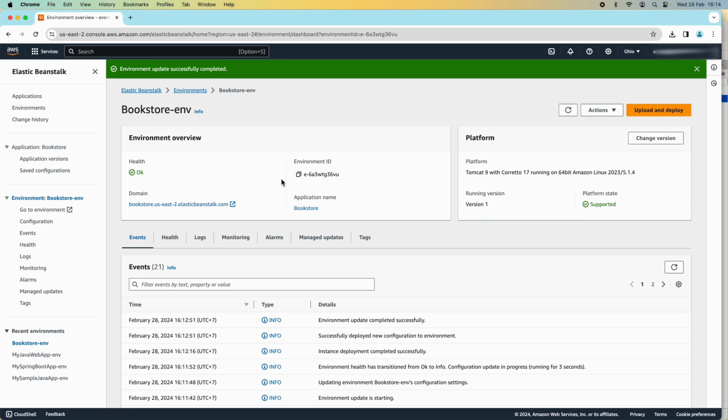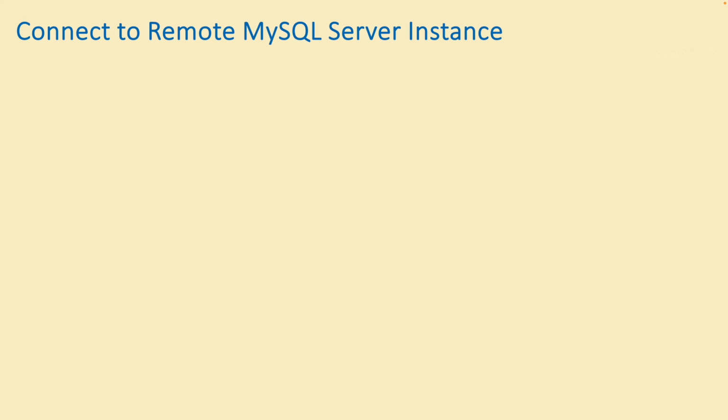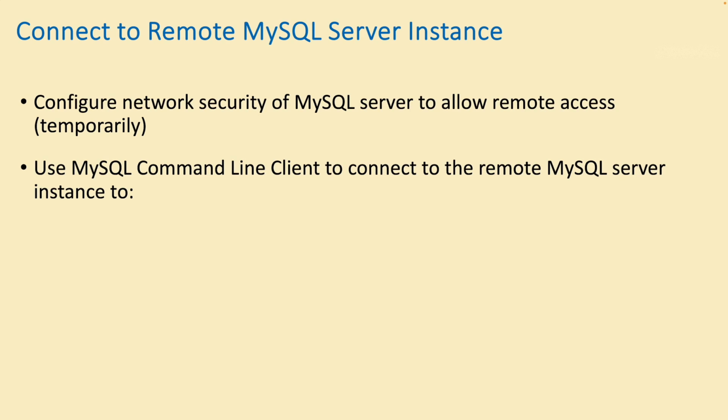So we need to connect to the remote MySQL server instance to create a new table. And to connect to the remote MySQL server instance on AWS, we need to configure network security of MySQL server to allow remote access temporarily, and use MySQL command line client to connect to the remote MySQL server instance to create a new table required by the application.